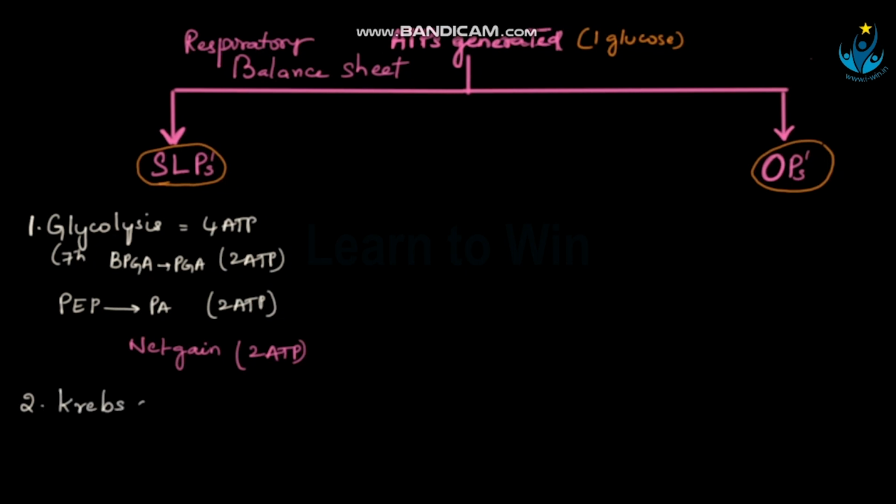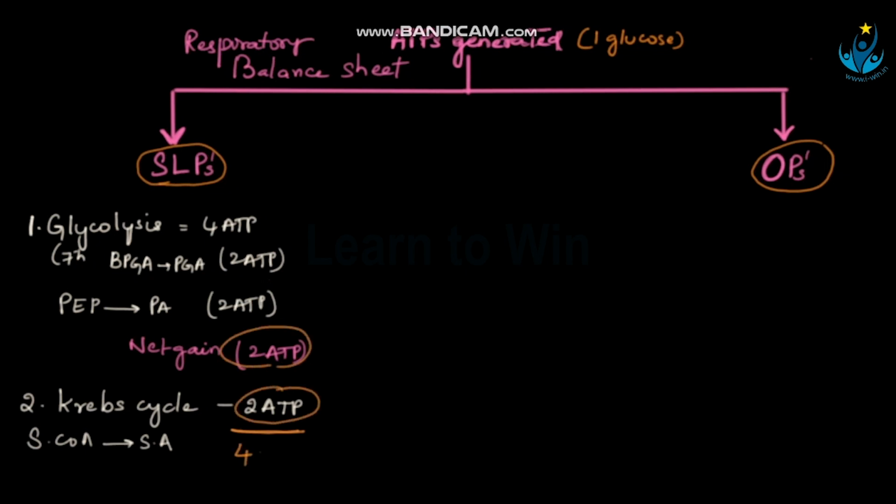The second step is the Krebs cycle. Now in the Krebs cycle also, you have the production of direct ATP, that is, 2 ATP in the cleavage step, when succinyl CoA is converted into succinic acid. So during aerobic respiration, you are having 2 plus 2, 2 here and 2 here.